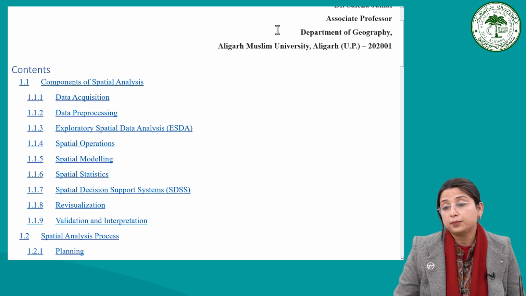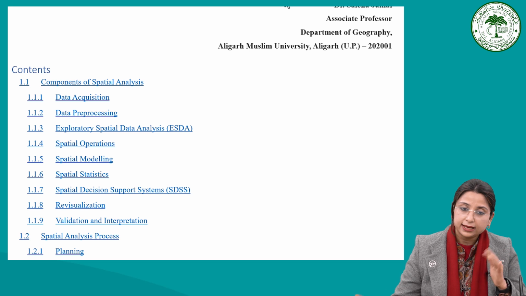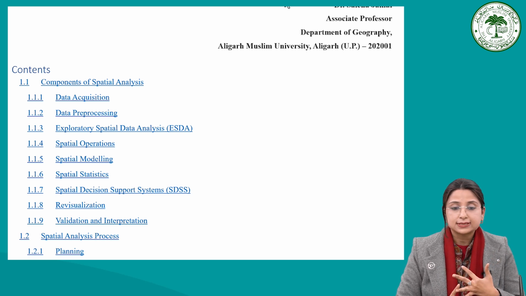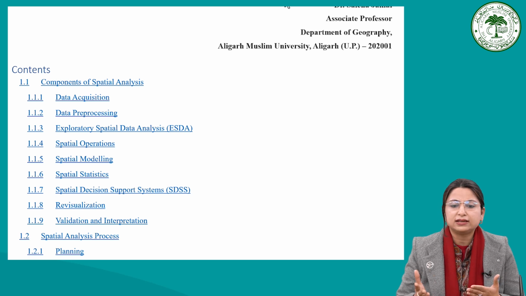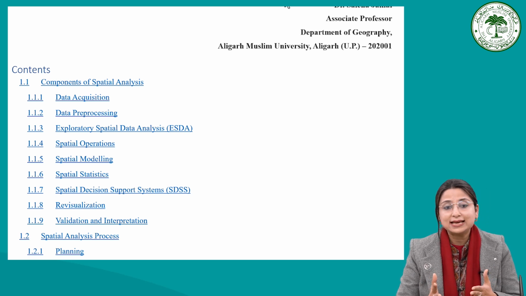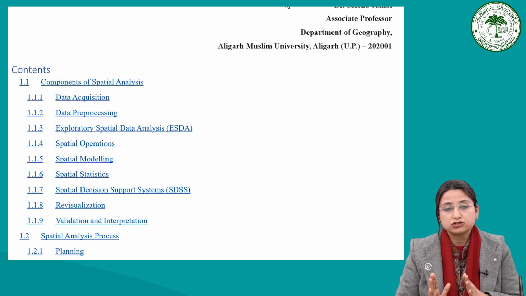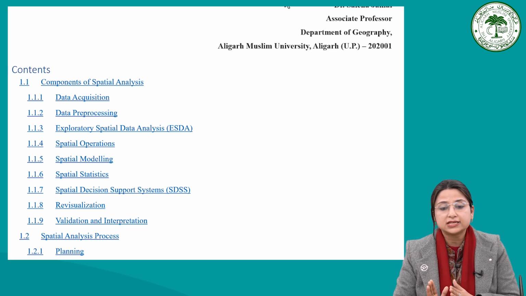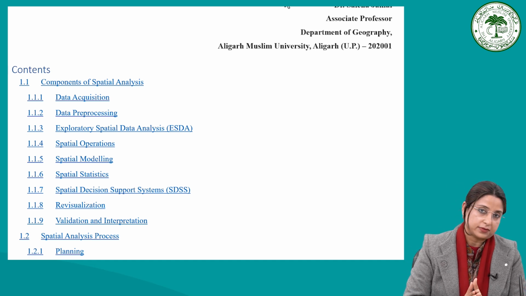There are 9 important major components of spatial analysis: data acquisition, data pre-processing, exploratory spatial data analysis, in short known as ESDA, spatial operations, spatial modeling, spatial statistics, spatial decision support system, that is SDSS, visualization, and validation and interpretation.